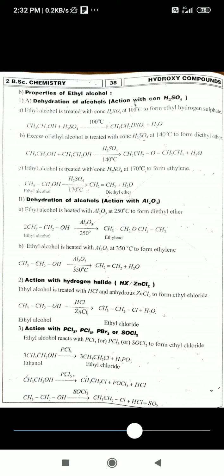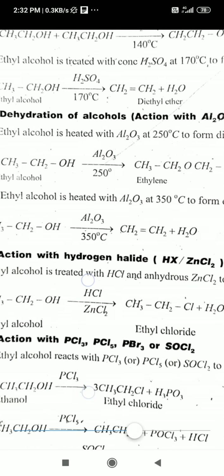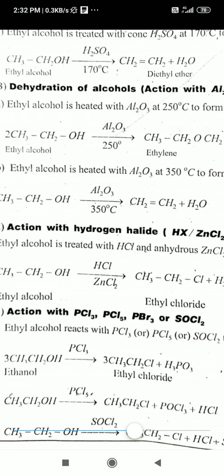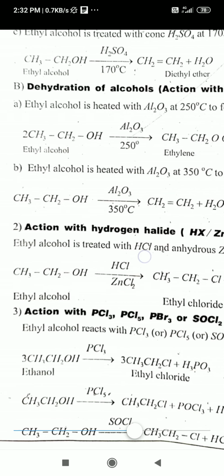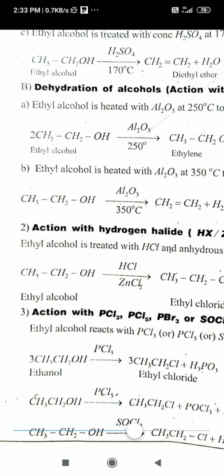Coming to ethyl alcohol reacting with phosphorus trichloride, we will get ethyl chloride. Ethanol, when it reacts with phosphorus trichloride, gives ethyl chloride.